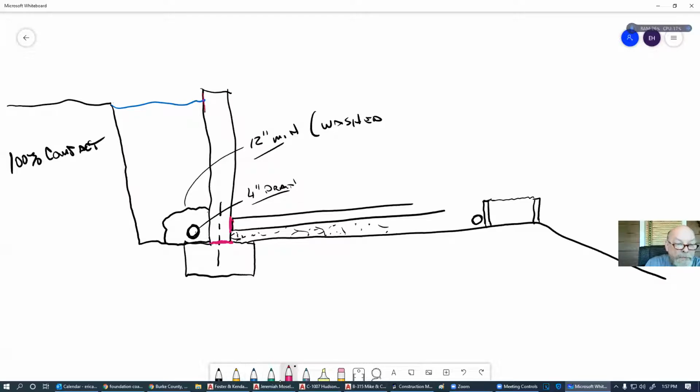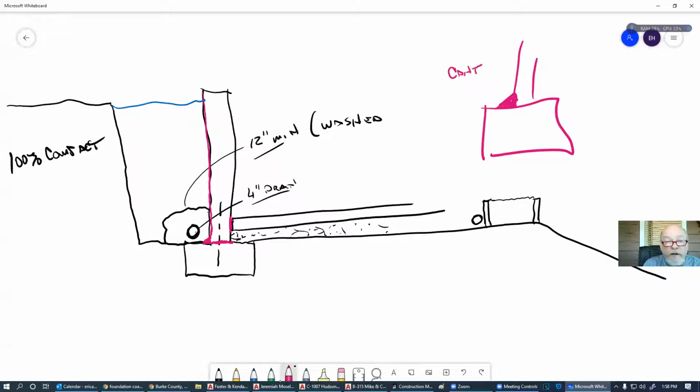When you put that parging on here, which is that first coat of mortar, we have to have a cant strip on there. So here's the footing, here's the foundation. As we're putting the mortar on here, mortar's going to fall to the ground, so we put it into a slope, pretty much a 45-degree angle, and it's called a cant.